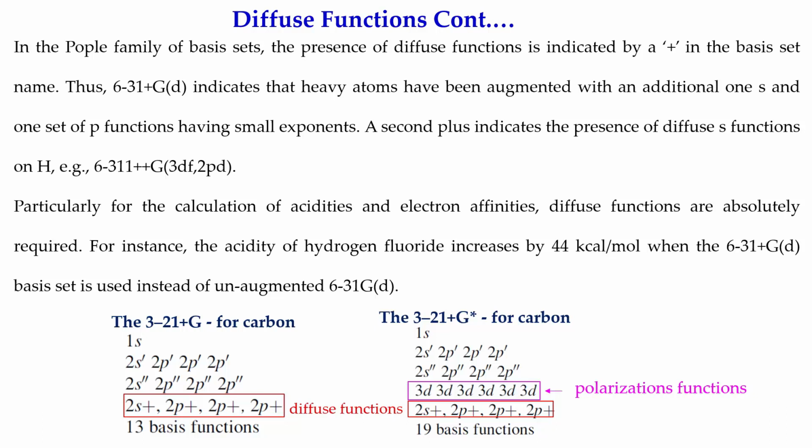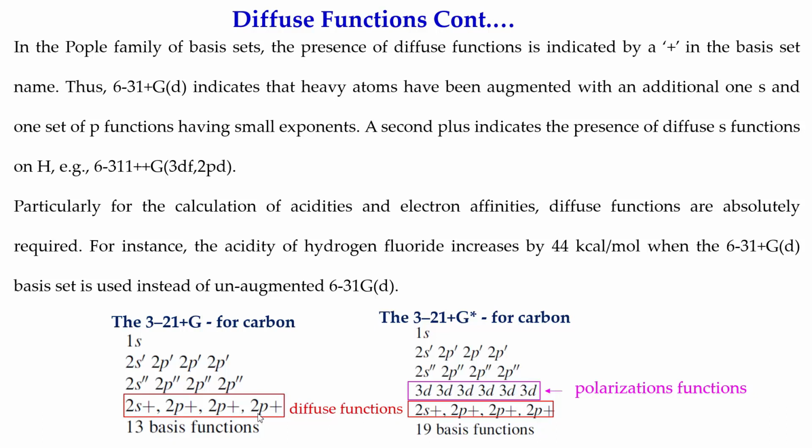Now we'll see how we can include more basis functions here. Let's consider the 3-21+G basis set, meaning extra diffuse functions are added. In the same way as for 3-21G, we make a red block which are the extra diffuse functions: 2s prime, 2p prime, 2p prime.